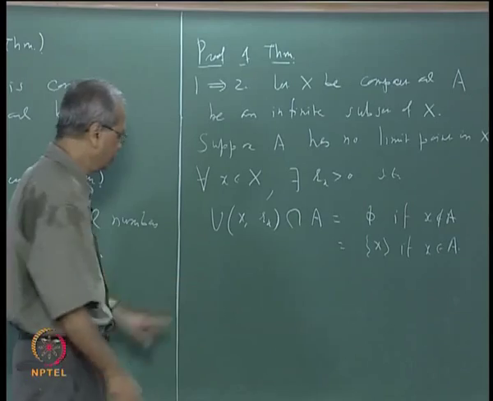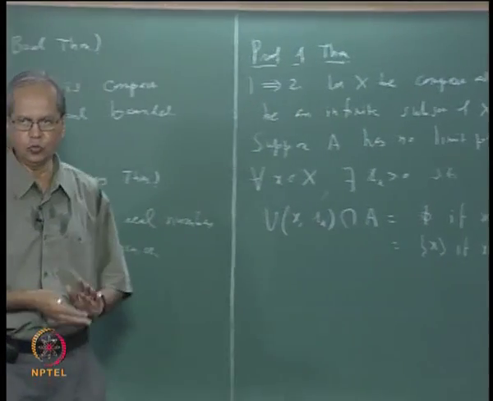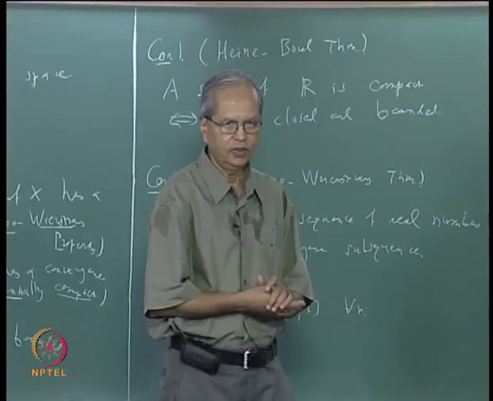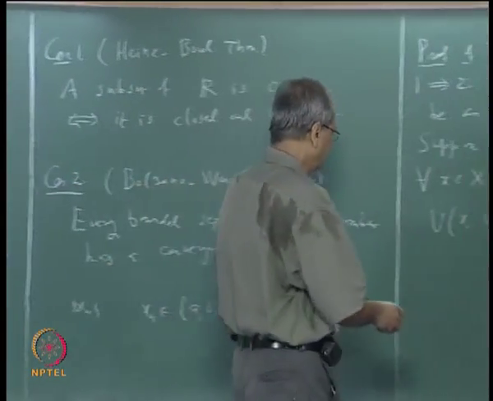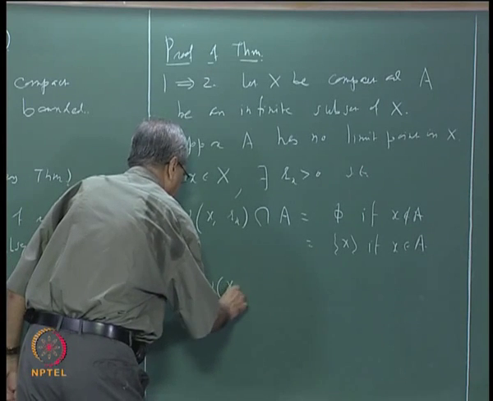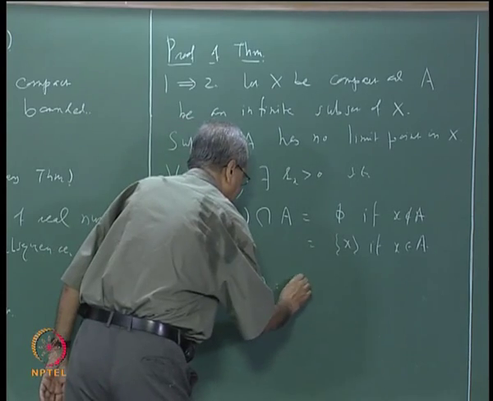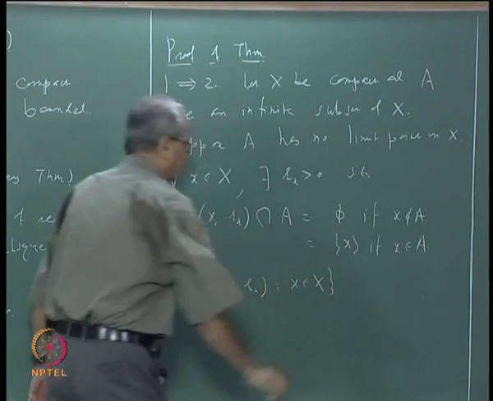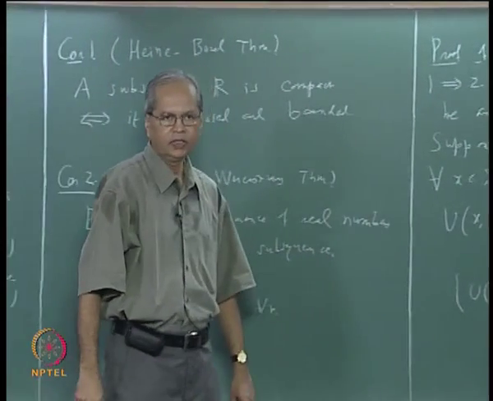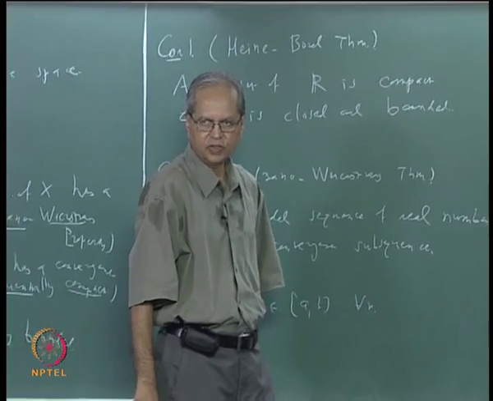So suppose you take the collection of all these open balls for every x in X, then that is an open cover of X. That is, you take all such open balls U(x, r suffix x) for x in X; this is an open cover of X.